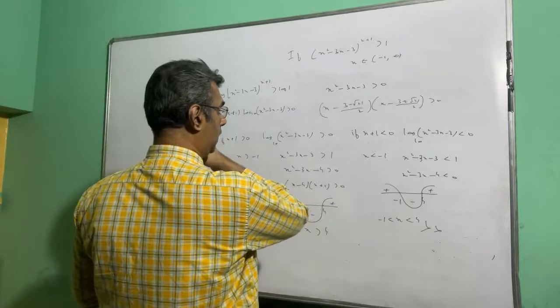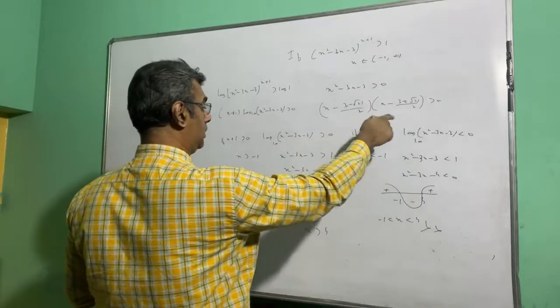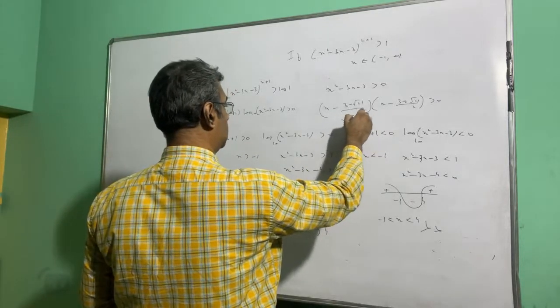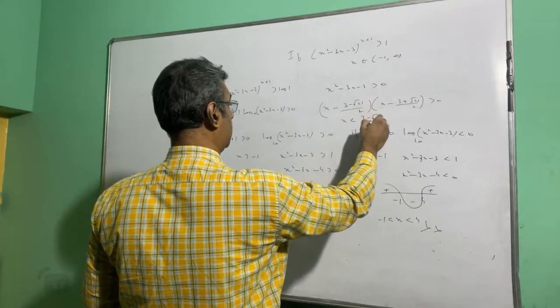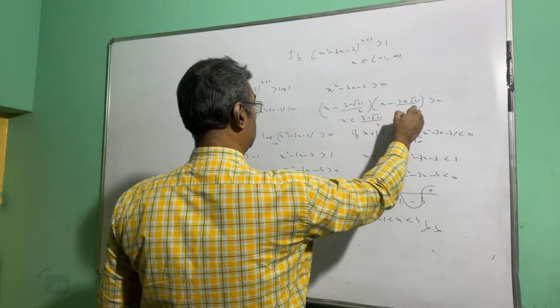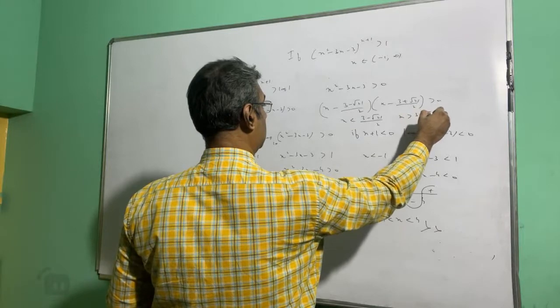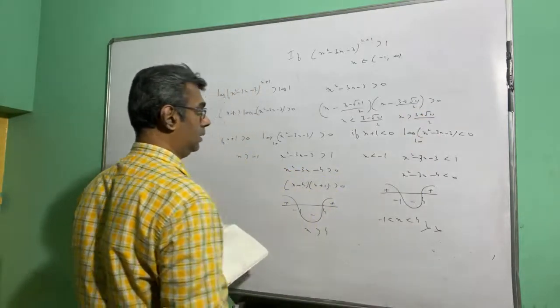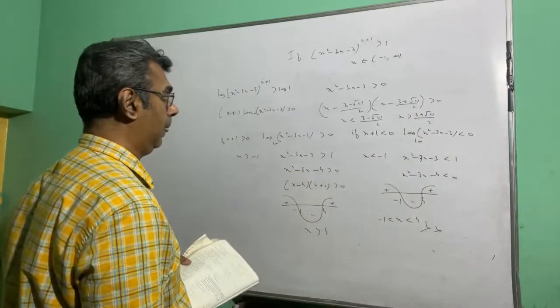So you know that this product positive will happen when x is less than (3 minus root 21)/2 and x is greater than (3 plus root 21)/2.